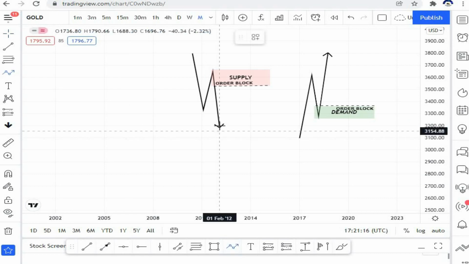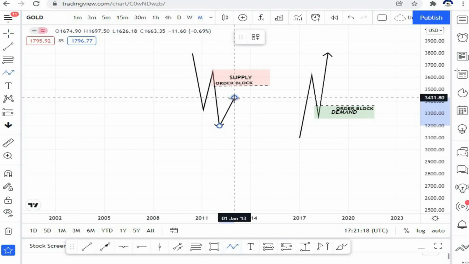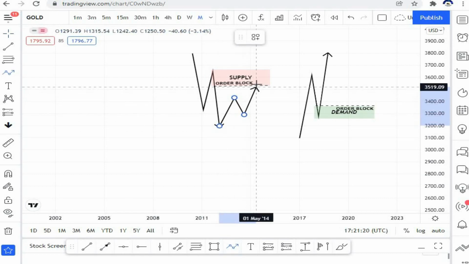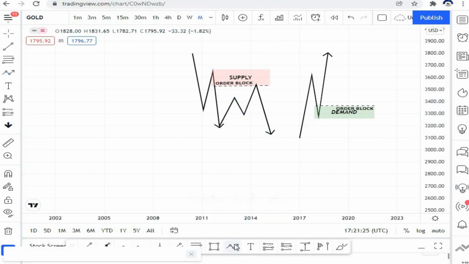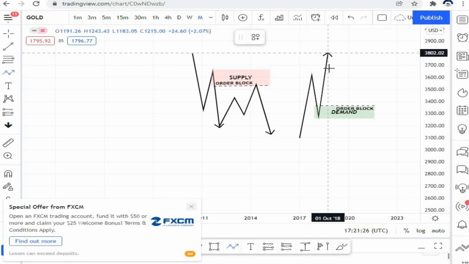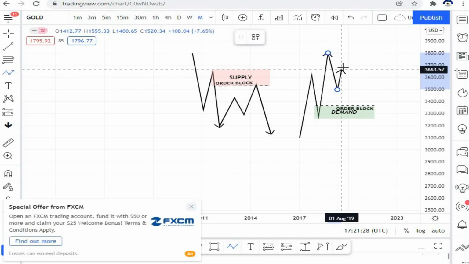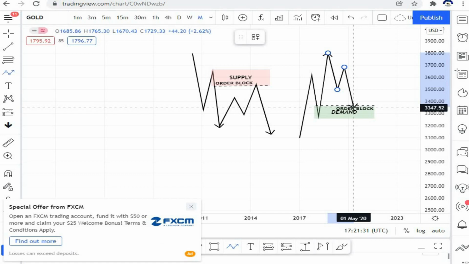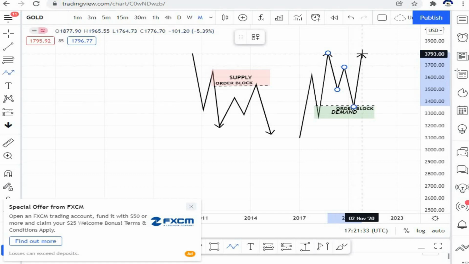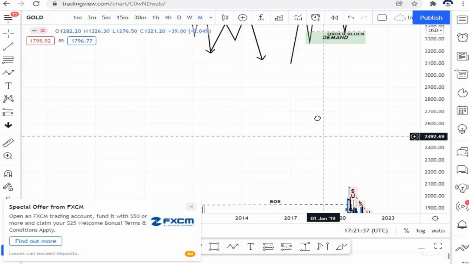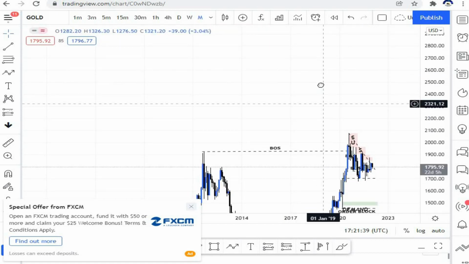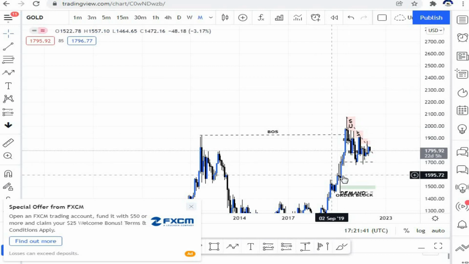The next thing which we want to see is price coming back to the OB and shifting the market going down, something like this. Same thing when price comes back to the OB or to the demand, we want to see price going up, something like this.